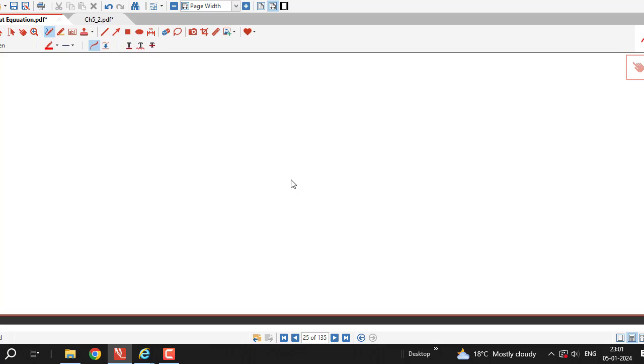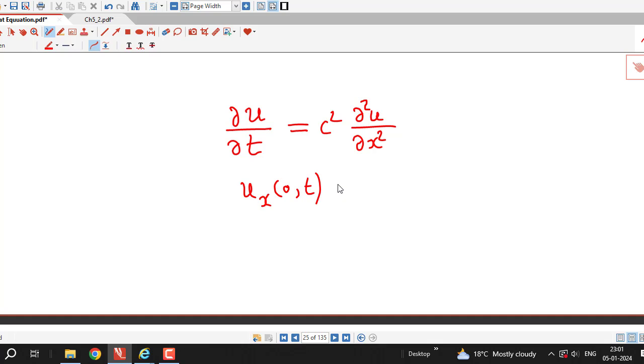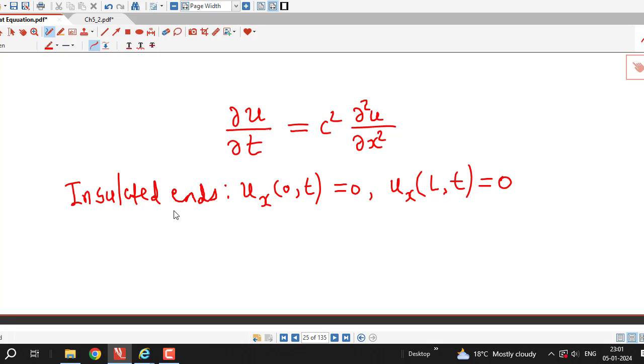So be careful. What we have discussed now is the solution of the heat equation del u by del t equal to c square times del square u by del x square, satisfying the boundary conditions del u by del x is 0 at x equal to 0, del u by del x is 0 at x equal to L. This means we have a metal bar or metal rod with both the ends insulated, and the initial condition is u(x,0) equal to f(x).